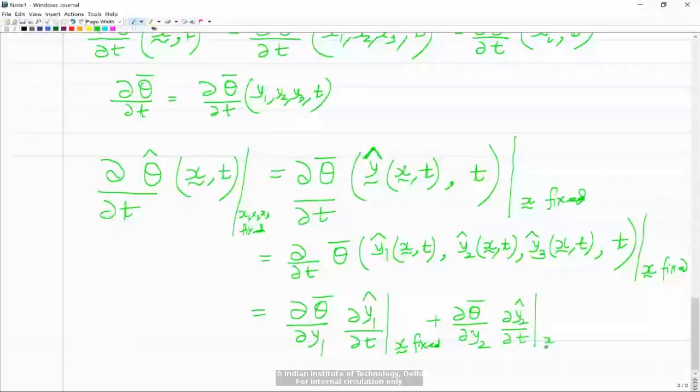You have to do it for all the arguments, plus del theta bar by del y3 into del y3 hat by del t, keeping x fixed. And then the last one, which is del theta bar by del t, the explicit dependence on time. We have to take that derivative also, and this is done keeping all the other arguments fixed. So this is equivalent to saying keeping y fixed.